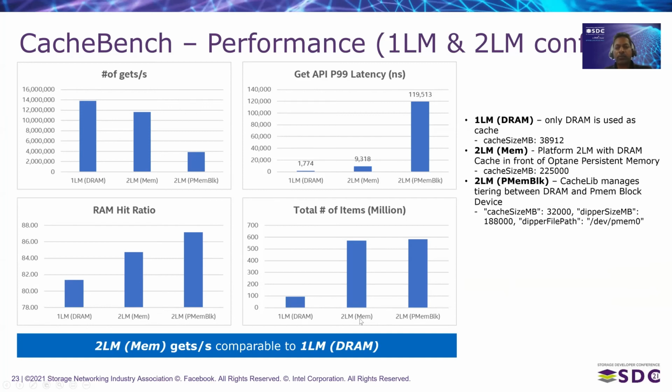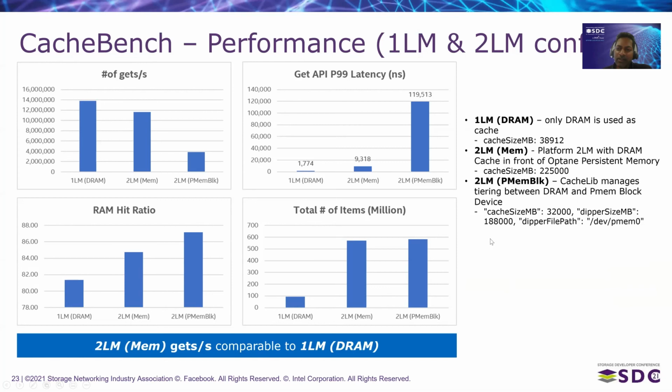So this essentially gives you a flavor of different modes with an application implementation like CacheBench that has the tiering implementation. How does it compare and contrast from the highest performance to the block mode, which is really the least intrusive change, but it doesn't give you the best possible performance.